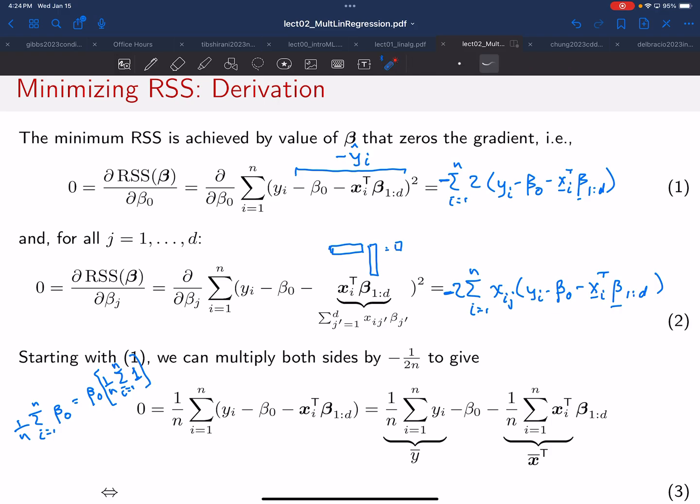One way to look at it is I'm taking the average of this fixed quantity 1. Another way is I'm summing the value 1 n times, 1 plus 1 plus 1, and so on, and dividing by n. That gives me 1. At the end of the day, this is just beta naught. If you average a fixed quantity that doesn't change, you just get that quantity. So when we average beta naught, we just get beta naught. The average goes away.